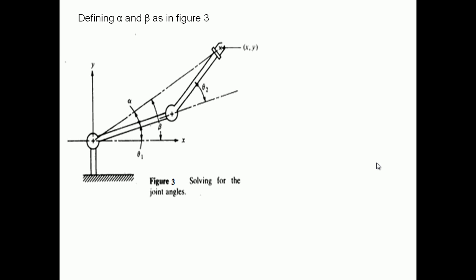Beta is the entire angle of the diagonal to the x-axis. Again, alpha is the angle between link 1 and the diagonal line of the triangle, and beta is the entire angle with respect to the x-axis. Theta 1 and theta 2 are the angles of link 1 and link 2.